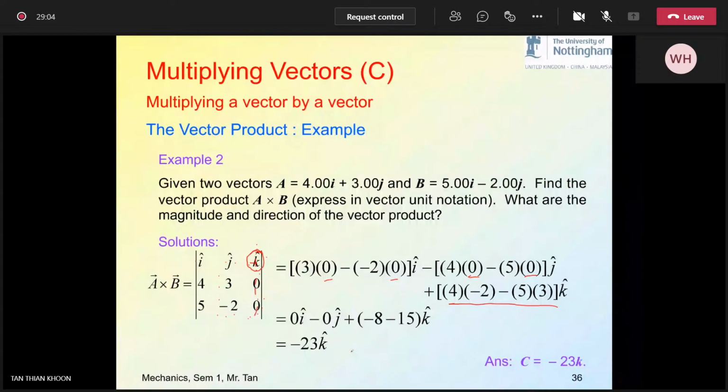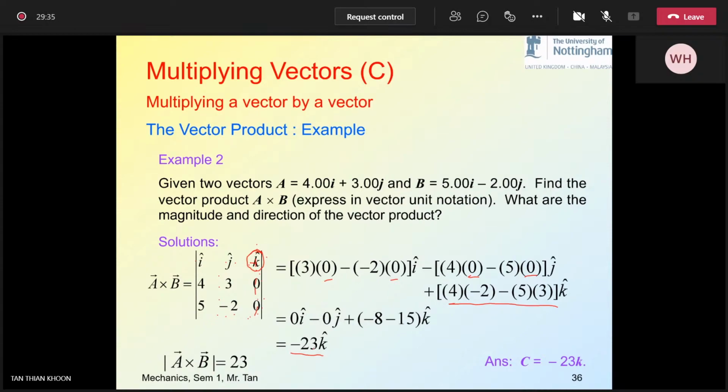Take the absolute value of the coefficient. That's right. To find the magnitude of A cross B, we just take the coefficient of this vector here. So what we obtain is just the number 23.